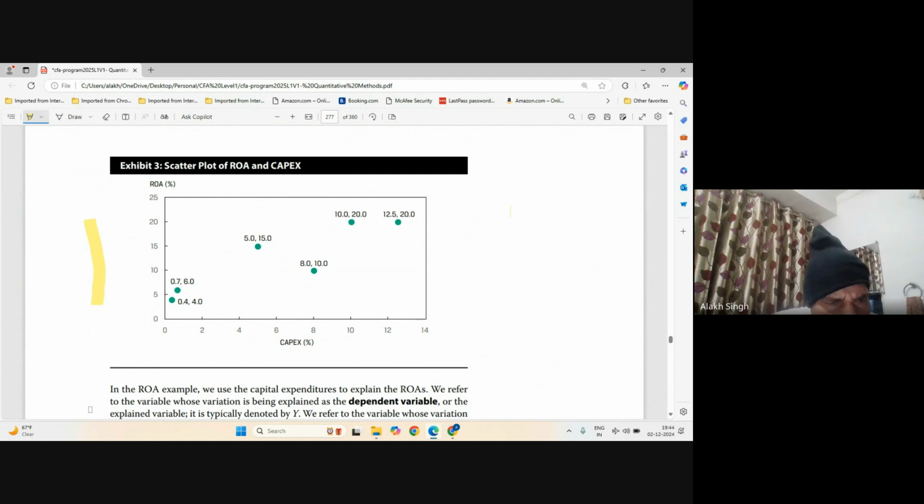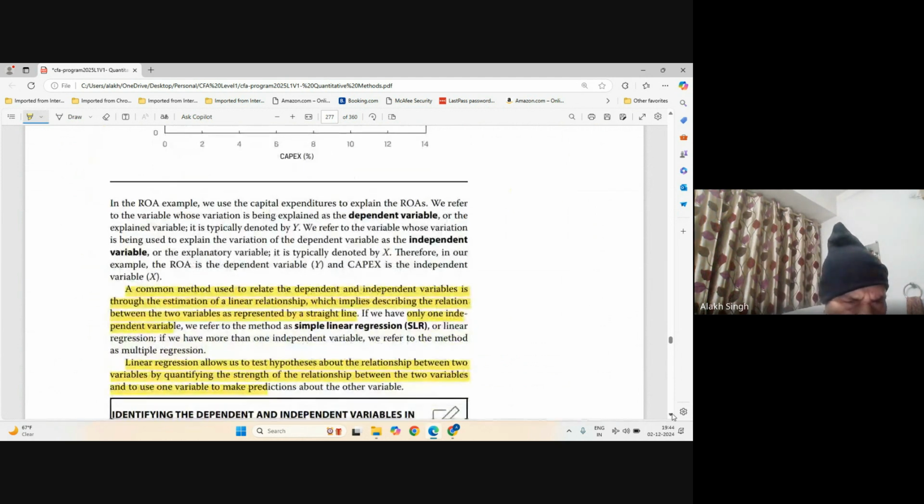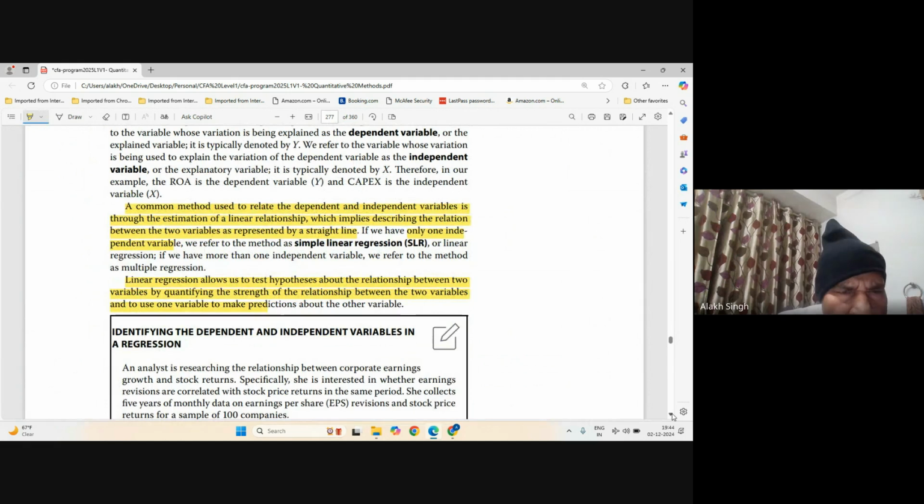Okay, so from here it is the scatter plot, and we go down. Simple linear regression: identifying the dependent and independent variable.